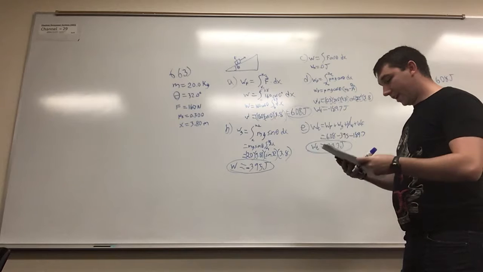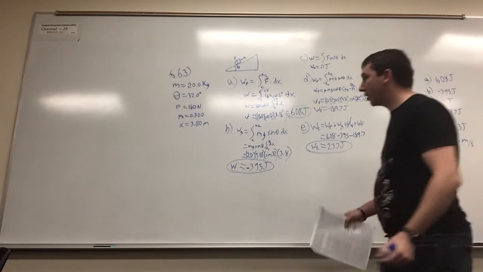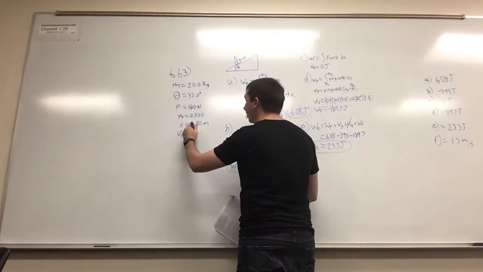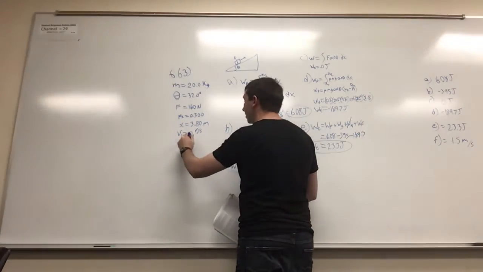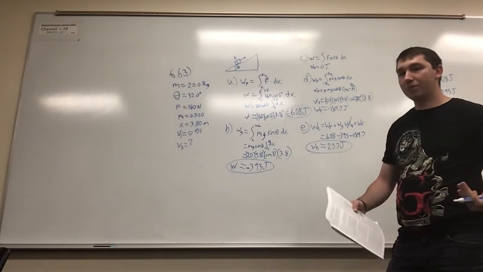Then part F asks, if the speed of the suitcase is initially 0 at the bottom, so our initial velocity is equal to 0 meters per second, what is the velocity when it's traveled 3.8 meters up the ramp?